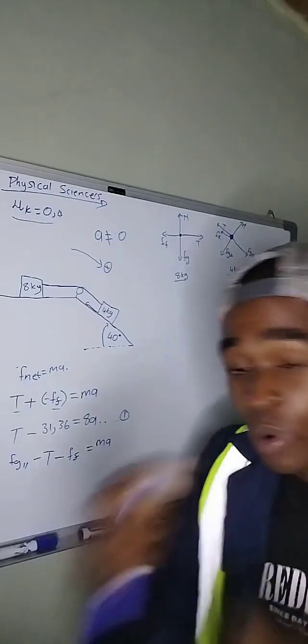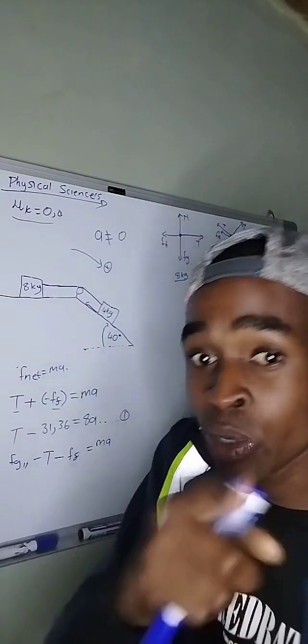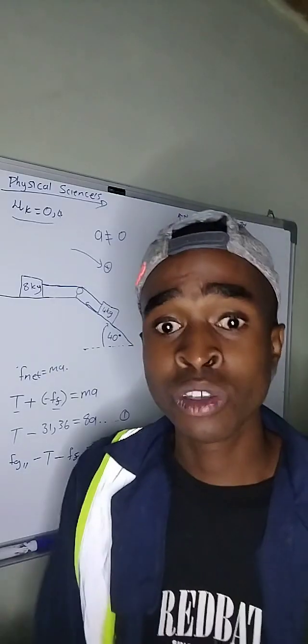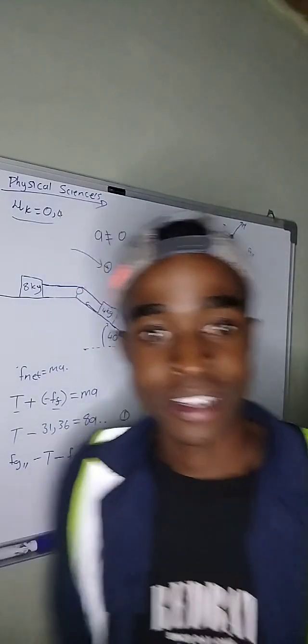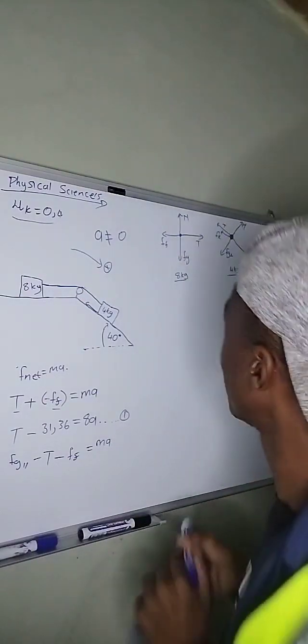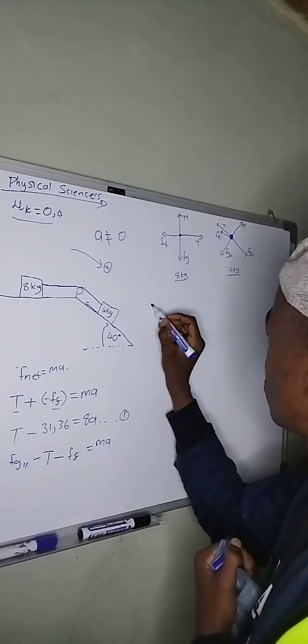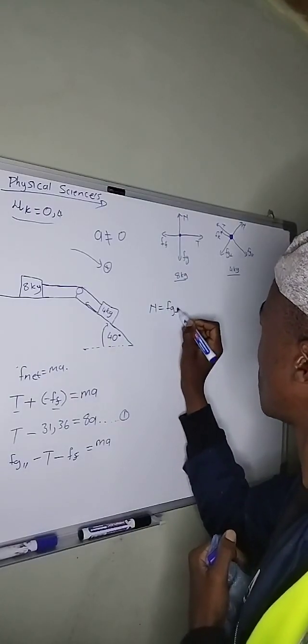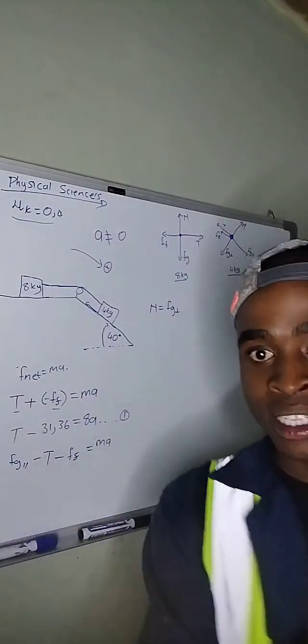Remember, when we go parallel, we do what we said. When we go perpendicular to the surface, we cause drama. Okay, so I'm going to have my normal being equal to my FG perpendicular, right?